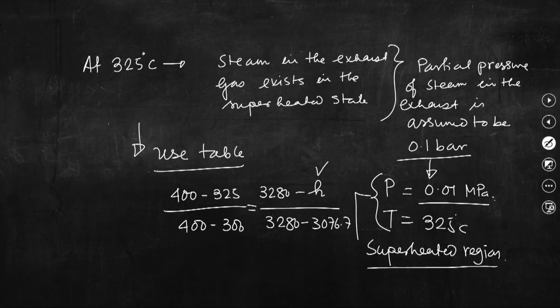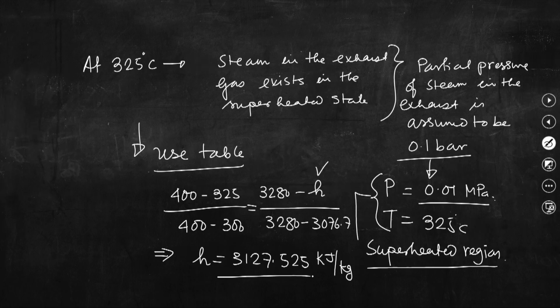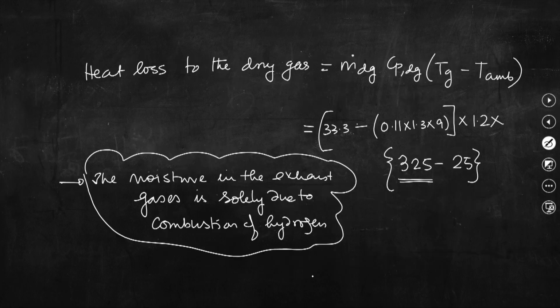From there, the enthalpy comes out as 3127.525 kilojoule per kg.